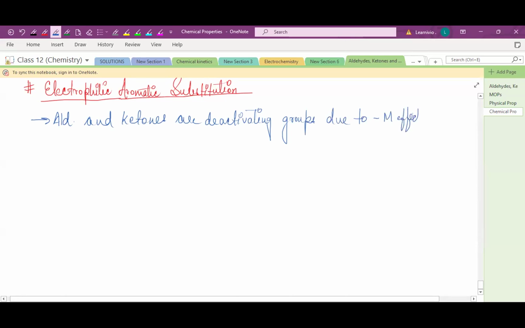Due to the presence of a minus M group, it shows the minus M effect, and when a group shows the minus M effect, you know very well, only the meta product will be formed. So in the electrophilic aromatic substitution reaction, they will form only the meta product. Just remember that.